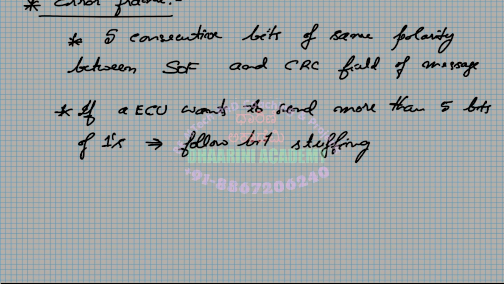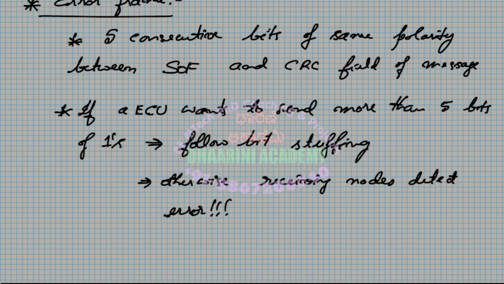Why do you need to do that? Otherwise the receiving nodes think that there is an error. As soon as 5 ones come, they will think that yes, this is an error. Otherwise the receiving nodes detect an error.